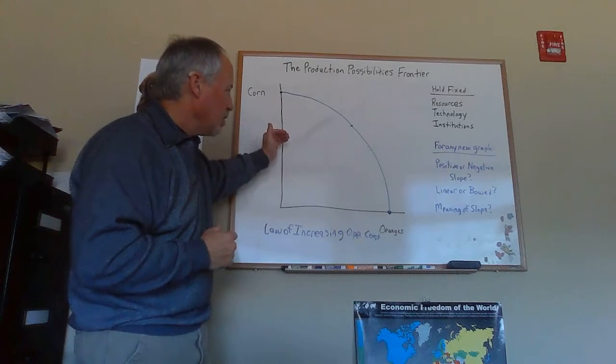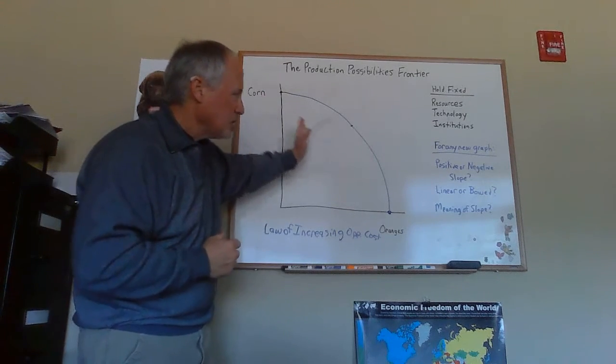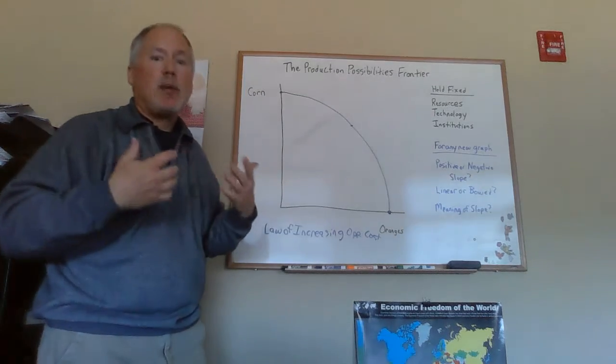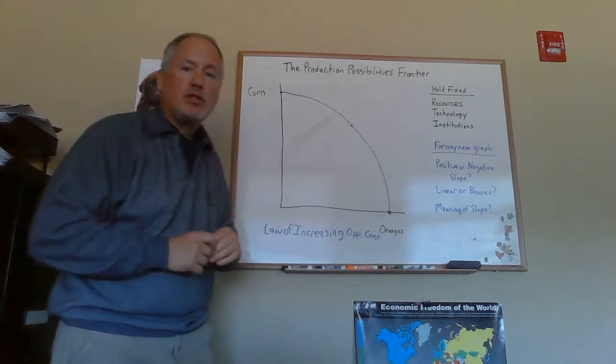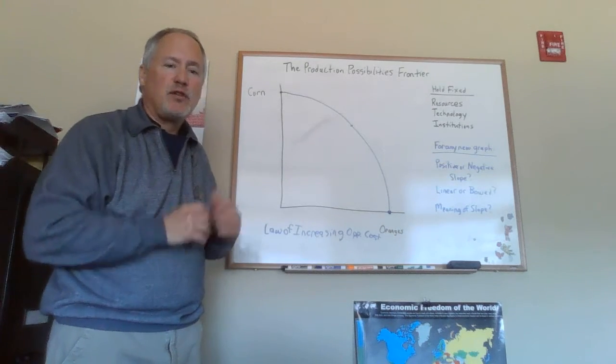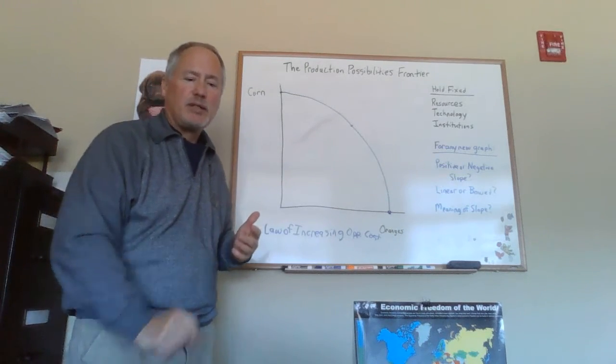So it's going to have a negative slope. It could be linear, but most likely be bowed. And the slope of this curve is the opportunity cost of producing the good on the x-axis. So that's our first curve, our first graph in this class, the production possibilities frontier.